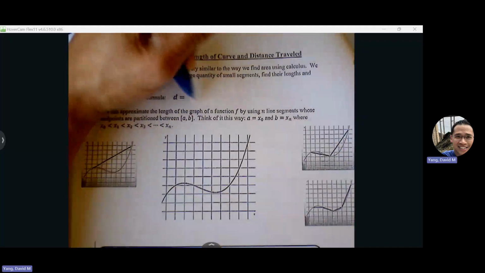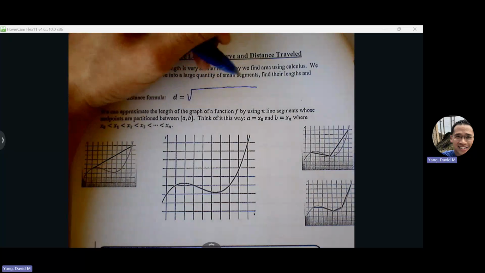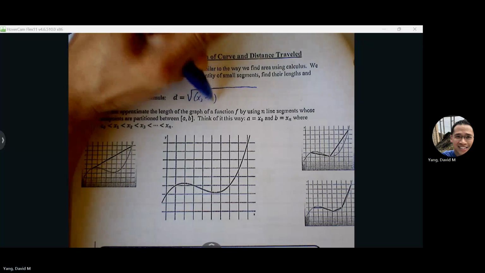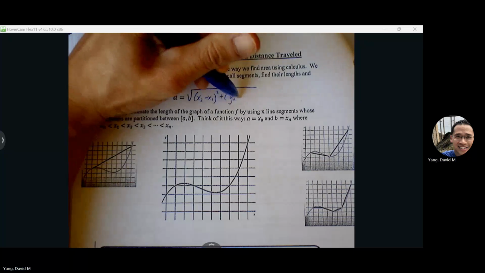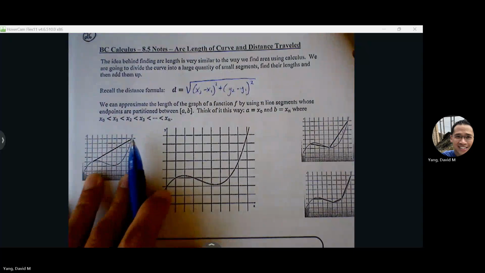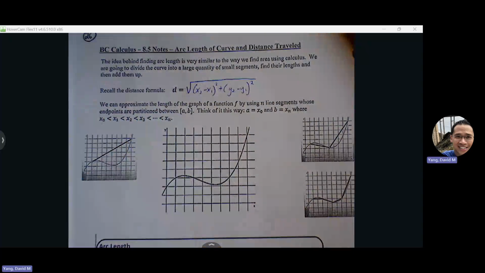So if you recall, the distance formula looks like this: the distance between two points along a straight line segment. We can approximate the length of the graph of a function f by using n line segments whose endpoints partition the interval between a and b. Think of it this way: a equals x sub 0, b equals x sub n.